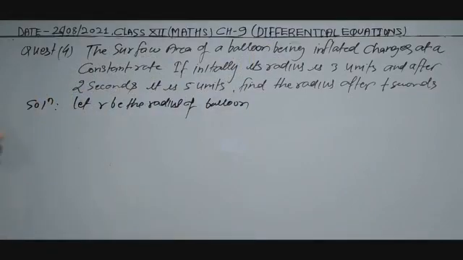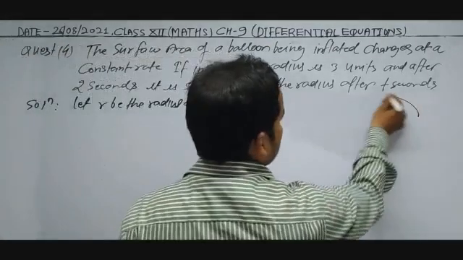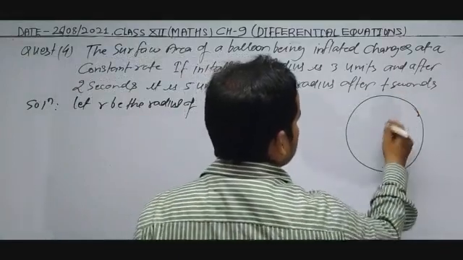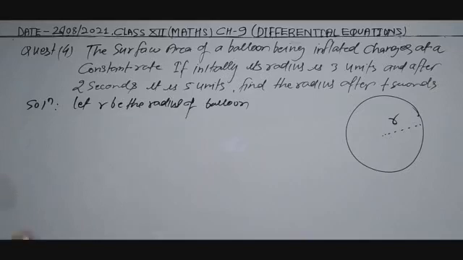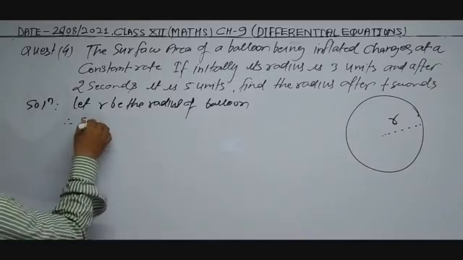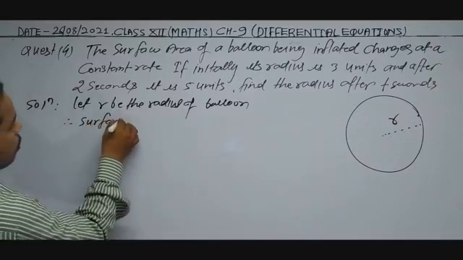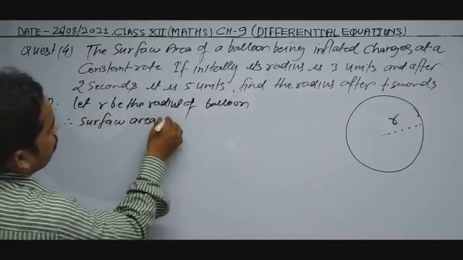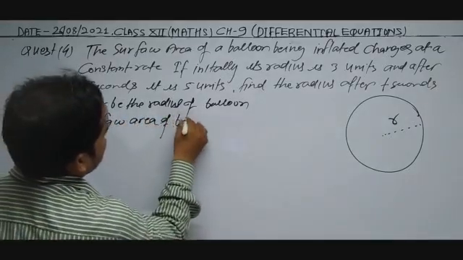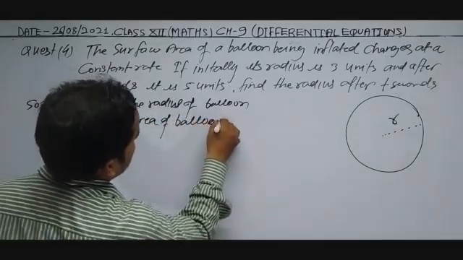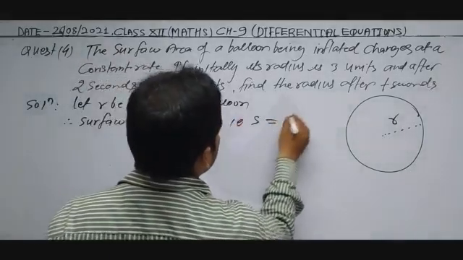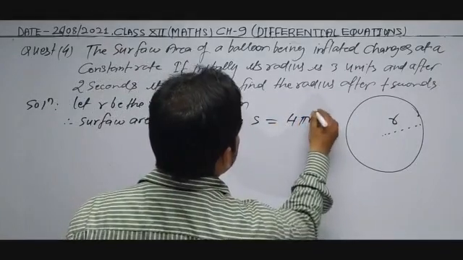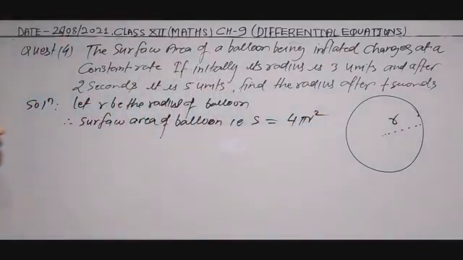Now this is the balloon, this is the radius. Now its surface area. Therefore, the surface area of the balloon, that is S, is equal to 4 pi r square.